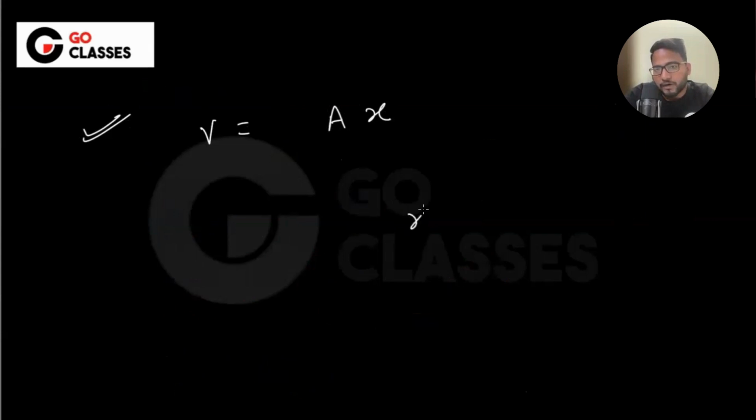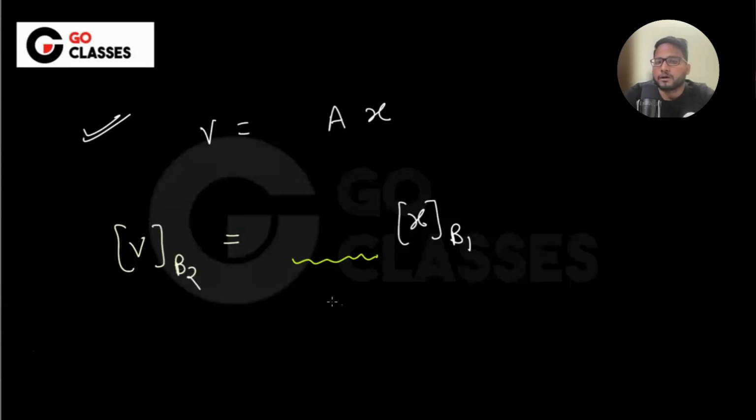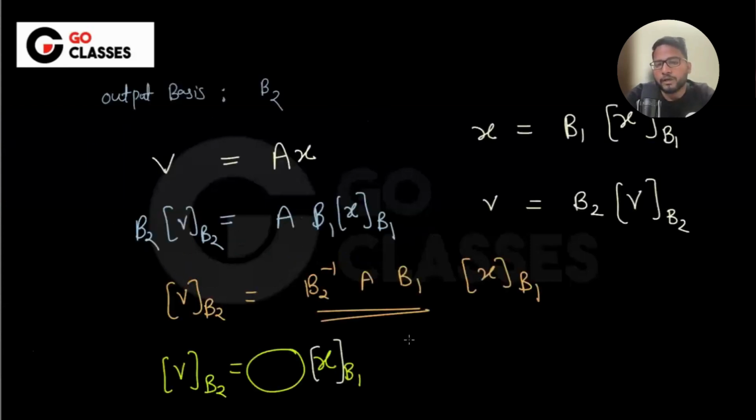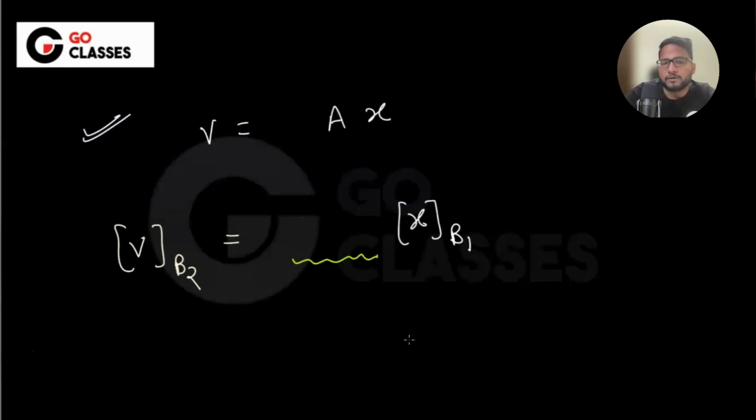Now there is another matrix, let's call it M, which takes from B1 and gives you in B2. And it is coming out to be B2 inverse A B1.